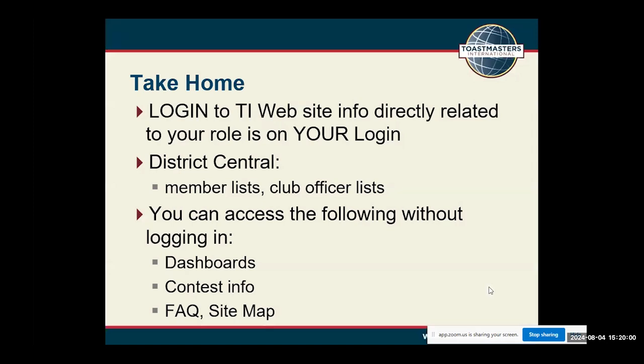So the take home on this is that you need to log into the TI website to find information directly related to you. You can access lots of things without logging into Toastmasters International, but if you want your key things, you go to the Toastmasters International website, log in under My Home, and you'll find incredible information.